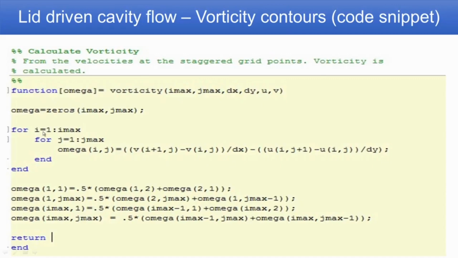For I equal to 1 to I max and for j equal to 1 to j max, omega at I comma j equal to based on velocity component v and based on velocity component u, and this is again code written corresponding to the mathematical definition we had in the previous slide, and you also define it at specific locations. So, omega 1 comma 1 is defined as shown here, omega 1 comma j max and omega I max comma 1 and omega I max comma j max. These are values of omega at boundary condition locations.